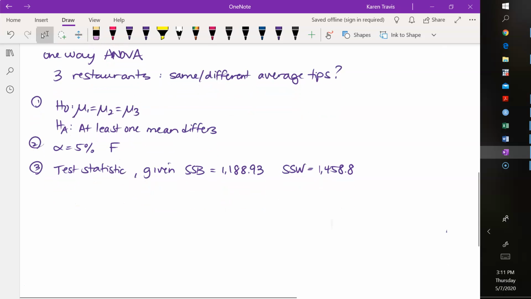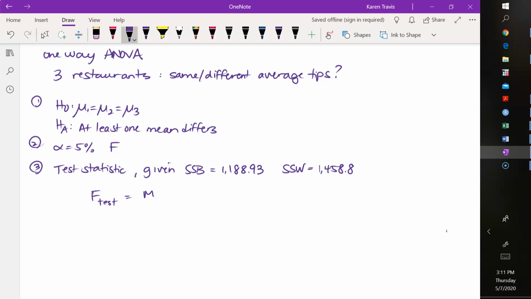So if you have that information, we're supposed to find the F test, which is MSB over MSW, and each of these have their corresponding degrees of freedom.